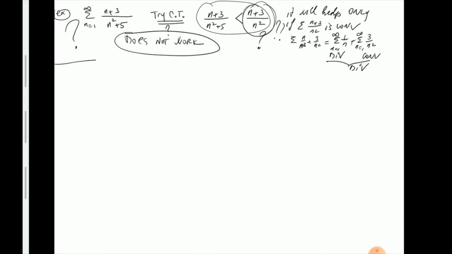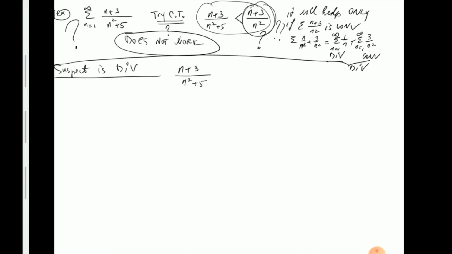Okay, so then let's say I suspect that it is divergent, in fact. So that flips the question right now. If I take the original series and suspect divergence, then I need to figure out a series that is less than the original one, which will give me something divergent.